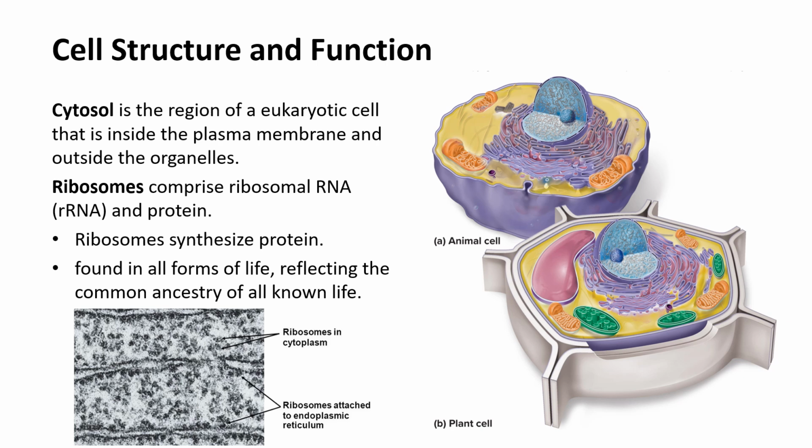This here is a transmission electron micrograph, basically a very highly magnified photo of the inside of a cell. And you can see the little dots that are there are the ribosomes. Later on, we'll talk about how and why they're attached to what we call the endoplasmic reticulum.